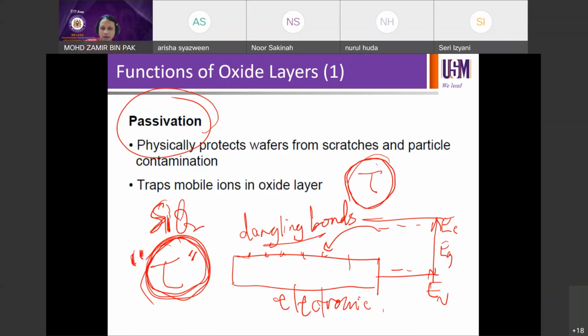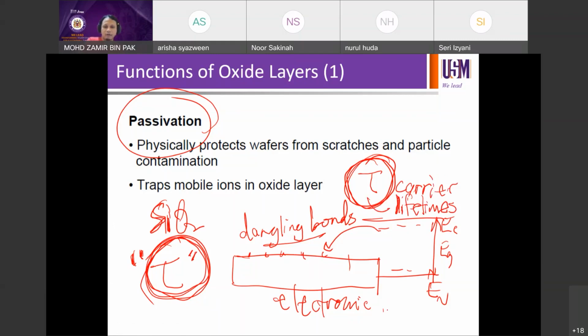So, what is tau? Carrier lifetime. You can measure carrier lifetime. You can check the carrier lifetime of the wafer after passivation versus before passivation. Okay, carrier lifetime.